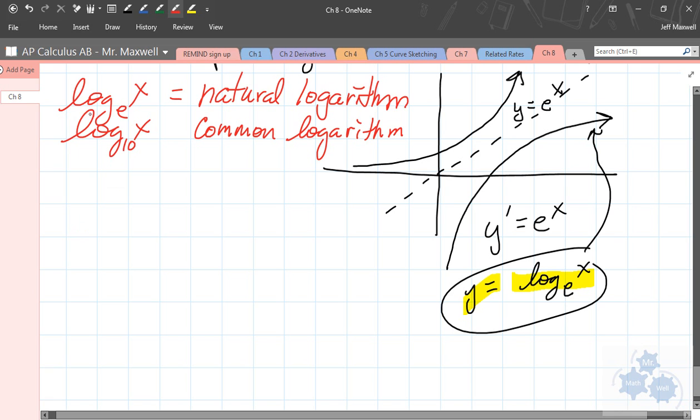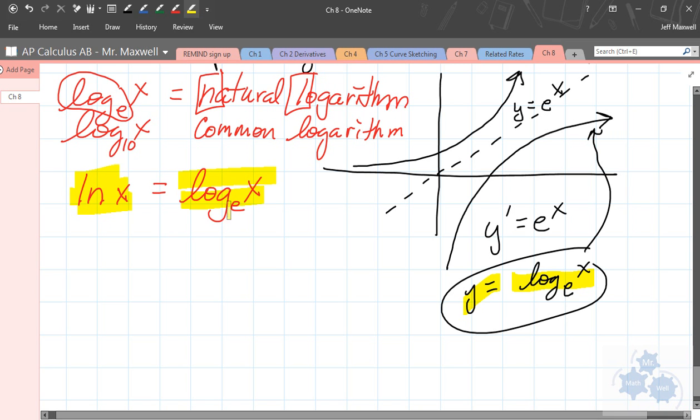So there's a special notation for log base e, and that comes from the Latin form of natural logarithm, logarithmus naturalis, something like that. And it's ln x, the natural logarithm of x. So this right here equals this right here. That's notation that you'll need to recognize.